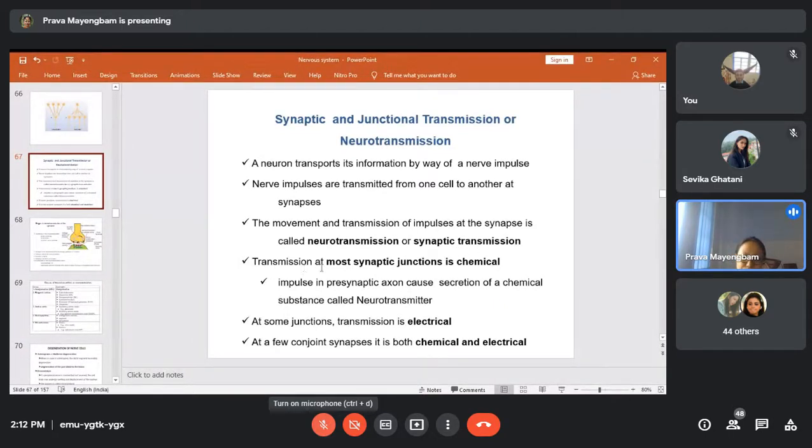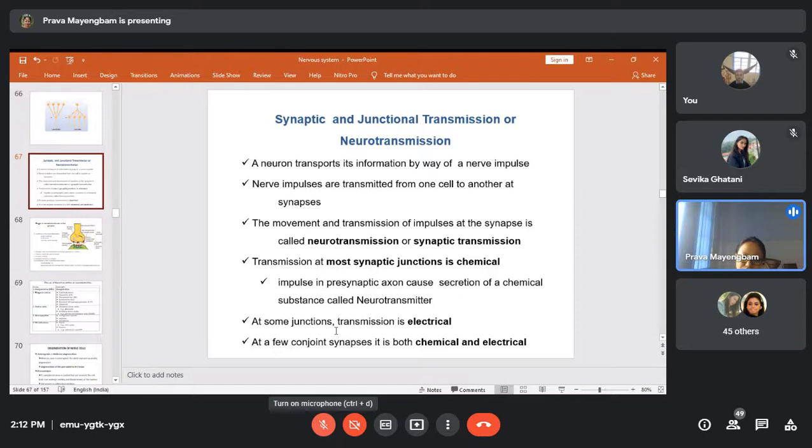The transmission at most of the synaptic junctions is chemical. So most of the synapses are of chemical type, while some are electrical type. In the chemical type of synapse, impulse in the presynaptic axon causes secretion of a chemical substance called neurotransmitter.